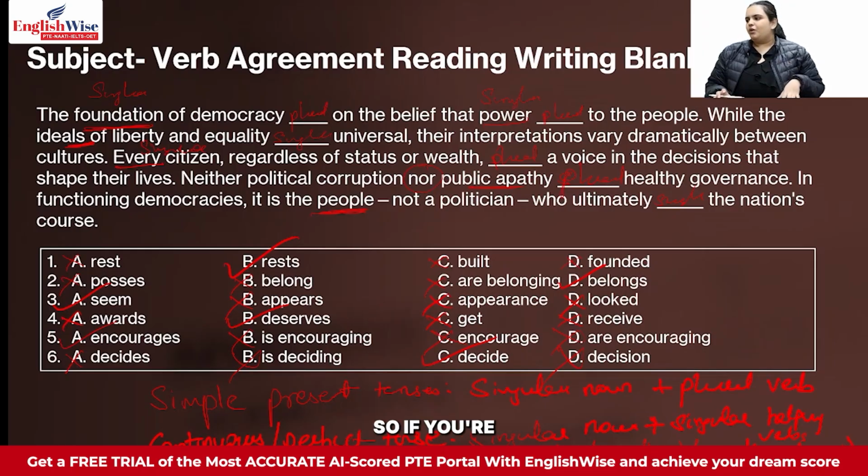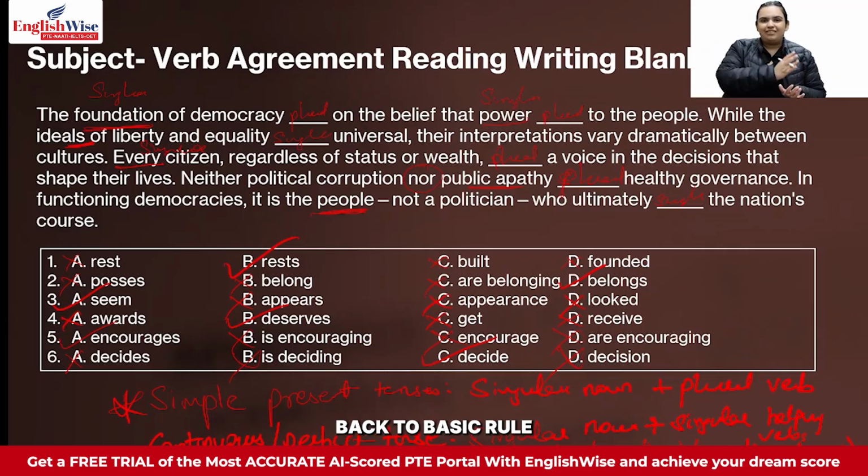Okay, so when you are talking about helping verbs, this is what they are deciding: is, am, was, has, or were, have, and are. Otherwise, if it is simple present tense, make sure you make a note of it. If it is simple present tense, singular noun, plural verb, like that. Okay, I hope this is clear to you. If it is not clear, please go back to the basic rule slide and rewatch this so you can have a better understanding of it.